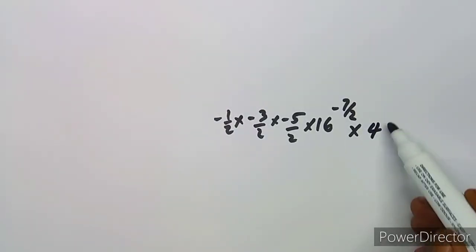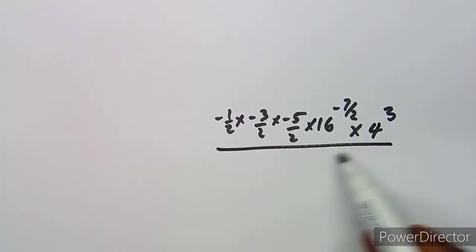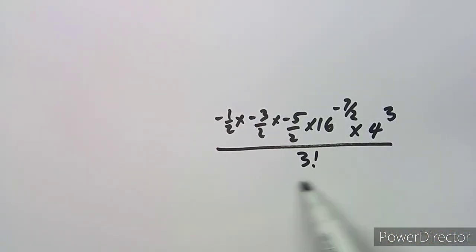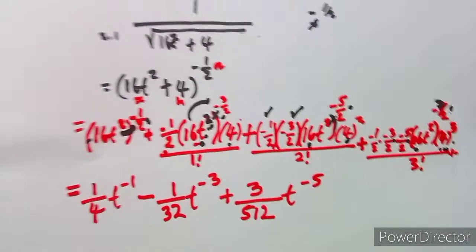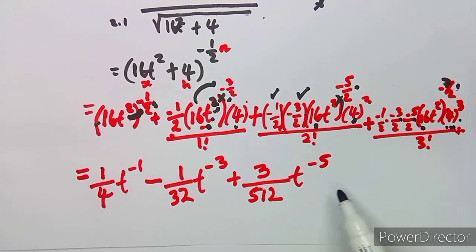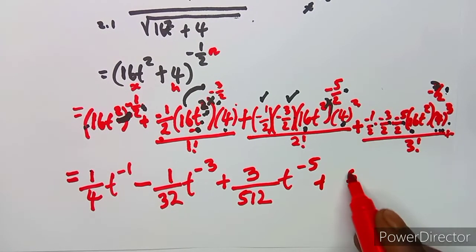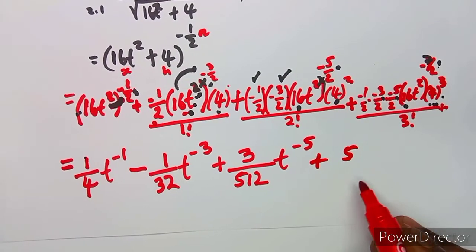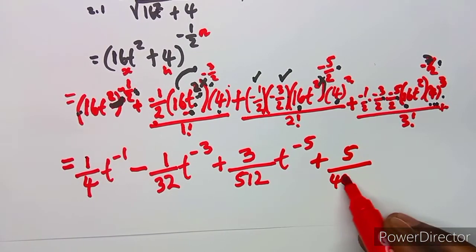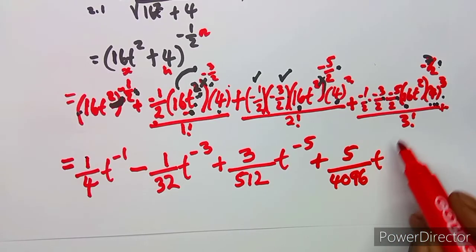This is what your calculator is supposed to look like. When you do that from your calculator, you're going to obtain 5 over 4096.